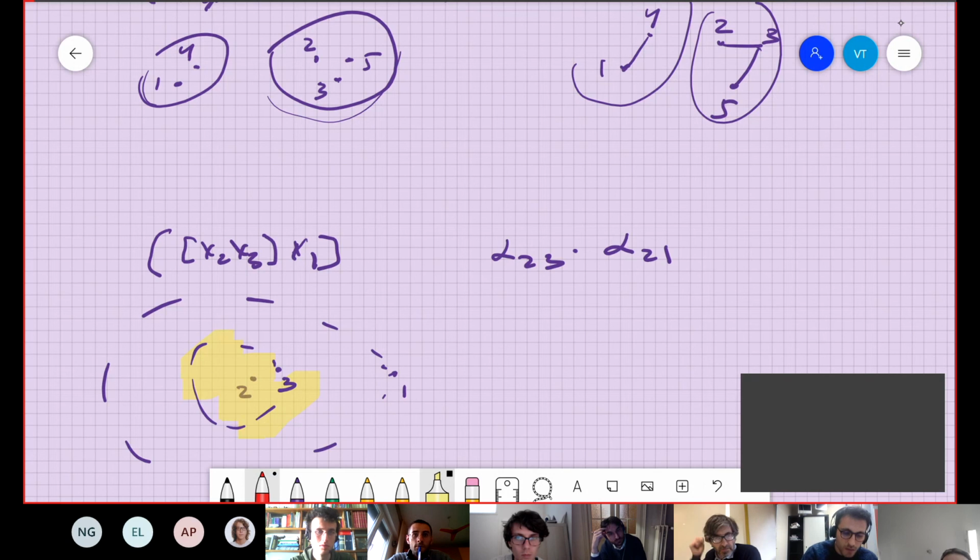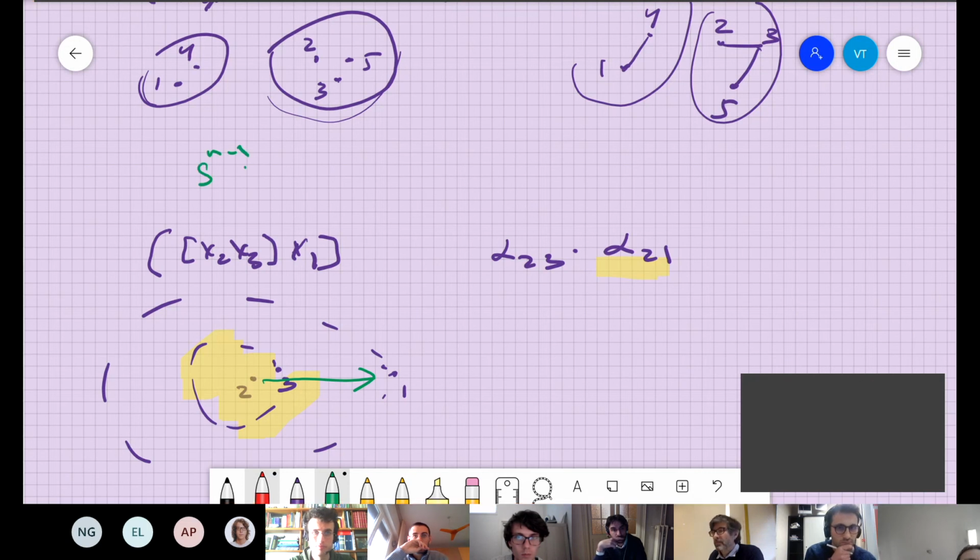Therefore, let's take alpha 1. Then alpha 1 is going to be a vector which goes in between the two, like this. It's a spherical class, so it's going to integrate. When you take the pullback, remember that this class is represented by the product of two spheres, right?